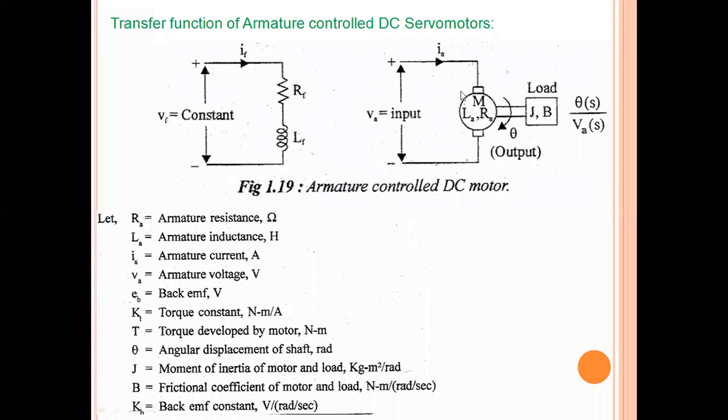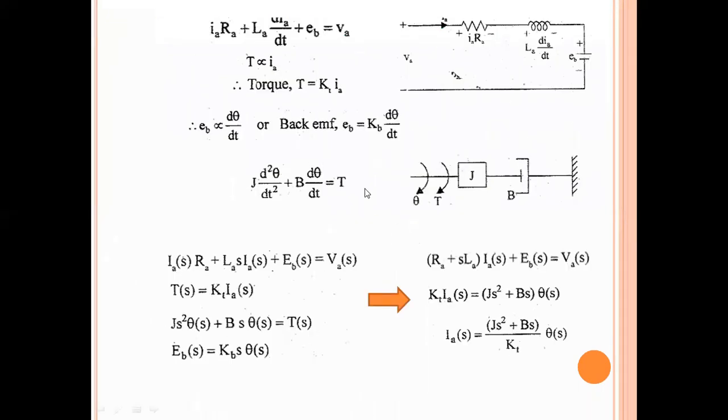And now from this armature circuit, we can write the electrical equivalent circuit diagram. The armature circuit will have an armature resistance, an armature winding inductance, and a back EMF.